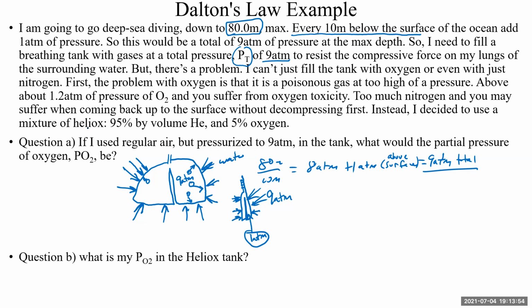So for that reason, Heliox is a mixture of helium and oxygen. It's 95% by volume helium and 5% oxygen. But remember, 95% by volume implies 95% by moles as well. Under the same conditions of pressure and temperature, your mole ratio and your volume ratio are the same.